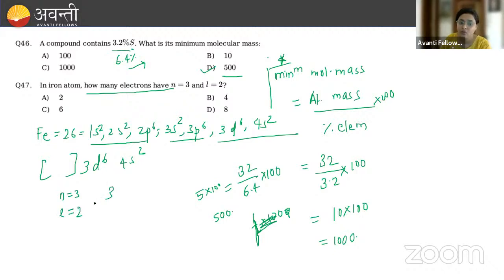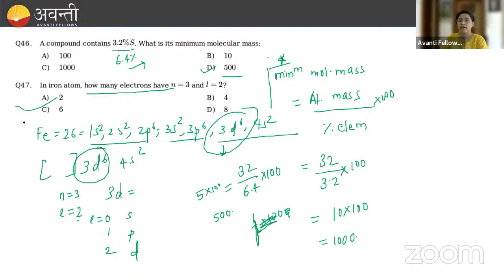When l is 0 it is s orbital, 1 is p orbital, 2 is d orbital. So 3d orbital. How many electrons are present in 3d orbital? You can see 6 electrons are present. So our answer will be C.